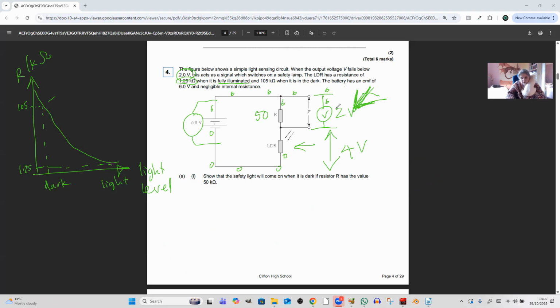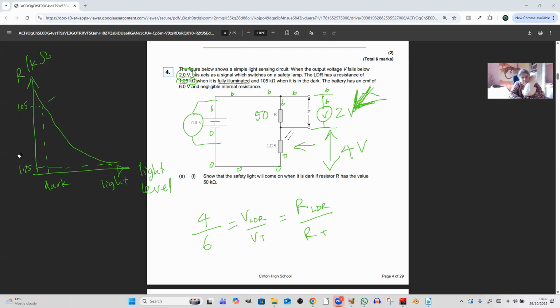So instead of doing the 2, we do 4. We do 4 over our total voltage. So that's V LDR over V total is equal to R LDR over R total. I don't write the whole word total.